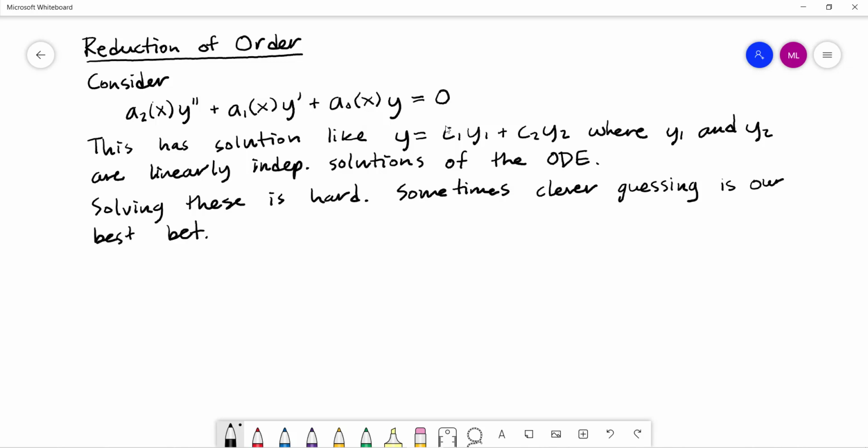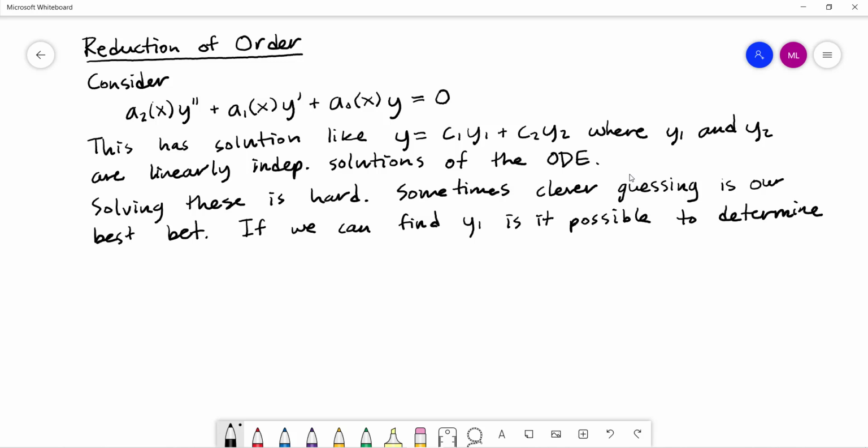So what if we can come up with one of these solutions? Let's say hypothetically, if we can find, by whatever means, maybe it is just clever guessing, if we can find y1, is it possible to determine the other, right?